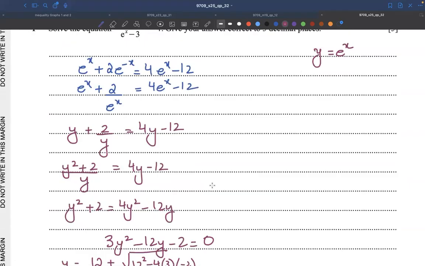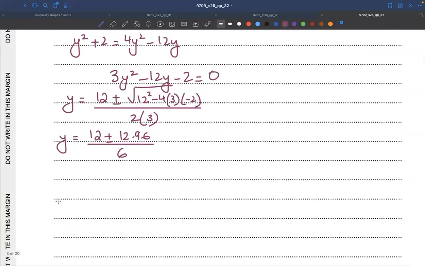A negative value is not possible. So what we'll have is y = (12 + 12.96)/6, that is equal to 4.16. So y would be equal to 4.16.